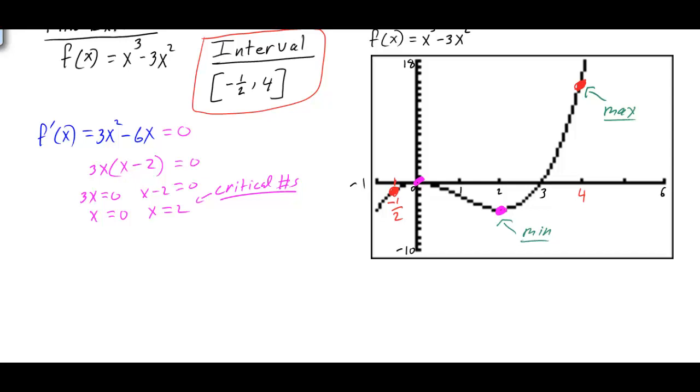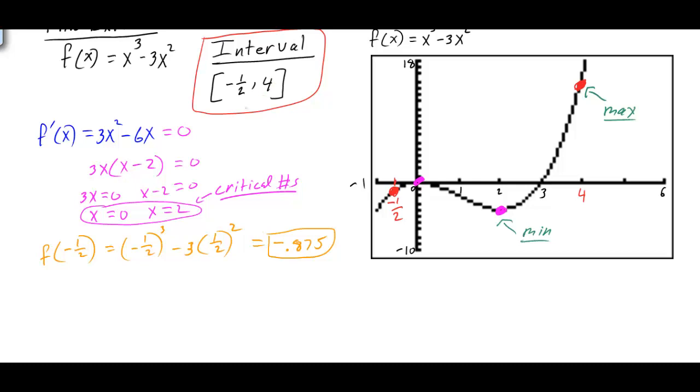Well, we take our critical numbers that we found and our endpoints. If we take our endpoint, negative 1/2, and plug it into the original function, f of negative 1/2, you would have negative 1/2 cubed minus 3 times 1/2 squared, and if we calculate f of negative 1/2, we end up with negative 0.875.